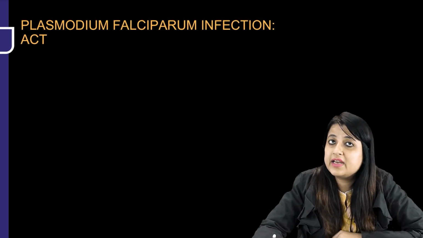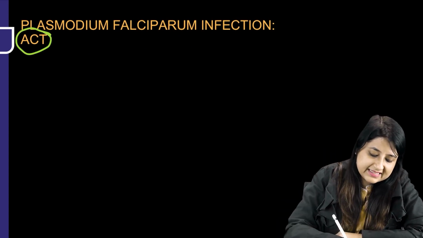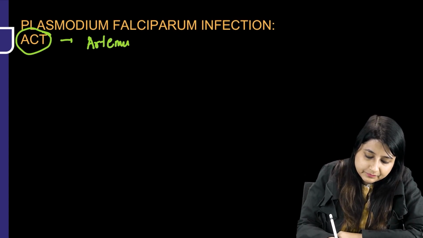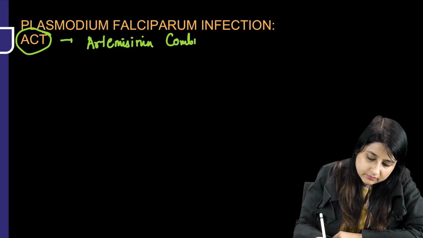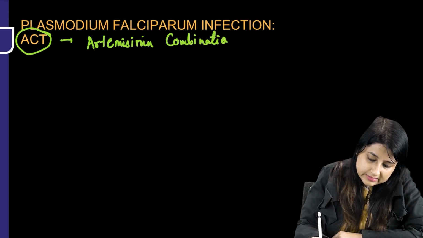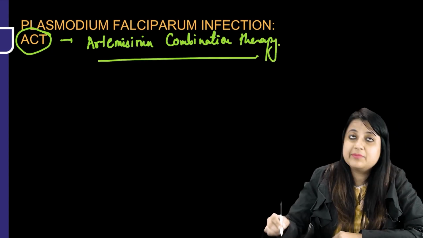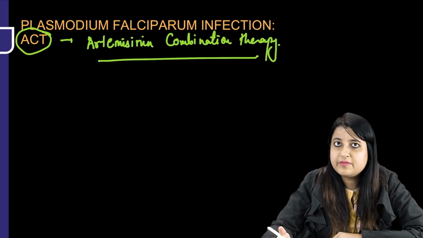Here is the explanation. Plasmodium falciparum, very important. Now for Plasmodium falciparum it is ACT. What is this? This is artemisinin combination therapy. That is what is for Plasmodium falciparum.